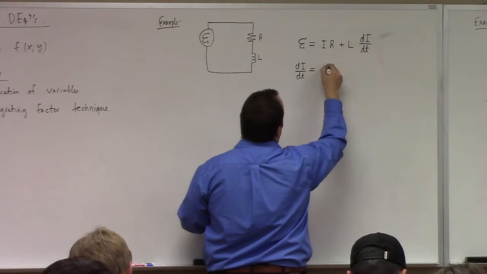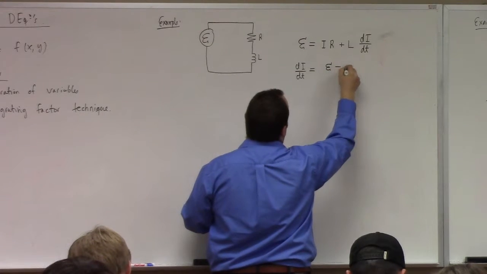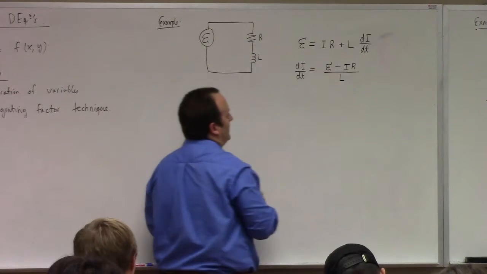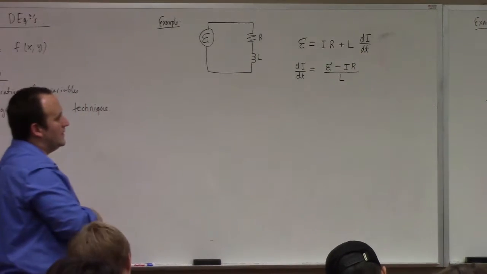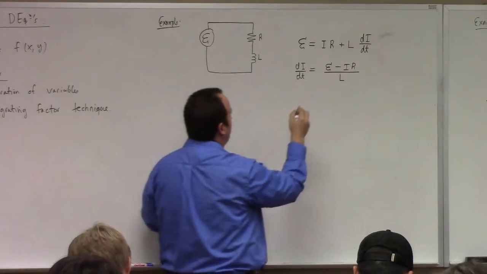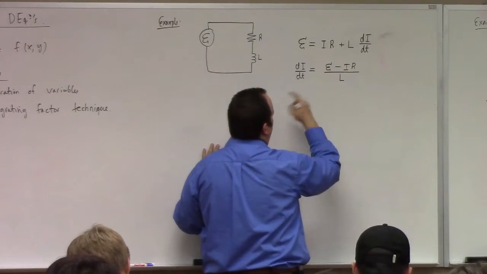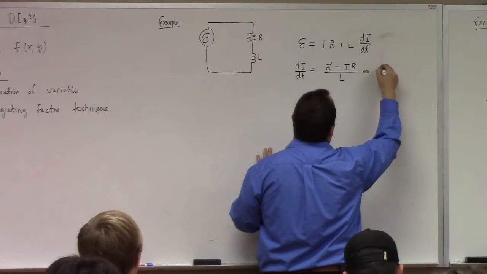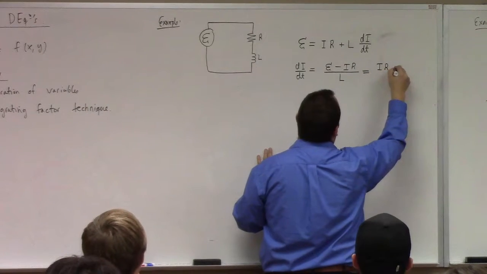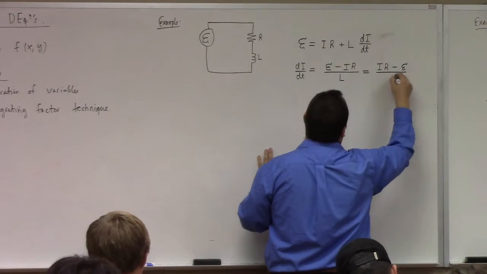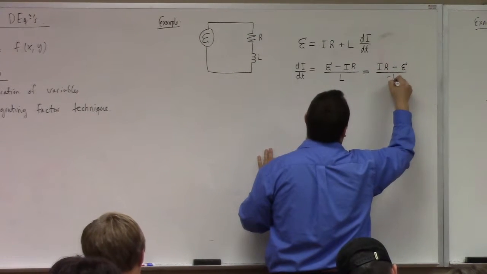E minus IR over L, right? And so if I separate variables, what does that get me? For reasons that are not entirely obvious yet, I'm going to pull a minus out here. So this is IR minus E divided by minus L.